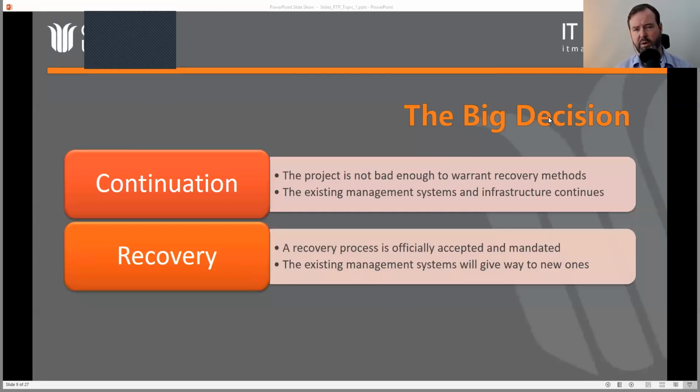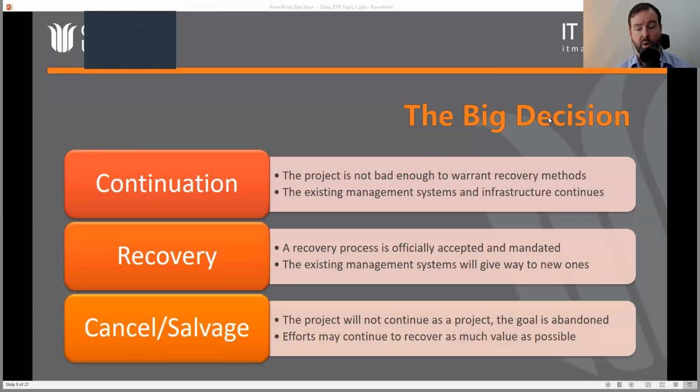Or we go into recovery mode and say, well, actually, no, we're going to officially enter an entirely different mode of operation for our project with everything that that entails. And a lot of what's been in place already will give way to some new version of it. Or we make the decision to cancel and salvage. Now, if it's very early in the project, there may not be anything really to salvage. But that decision will be part of that process to say, well, if we're going to cancel, what is there to salvage? What should we try and salvage?